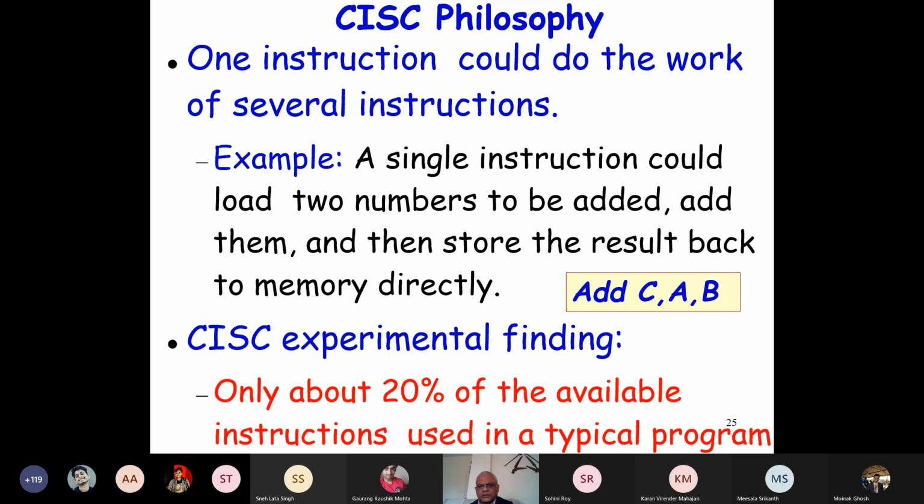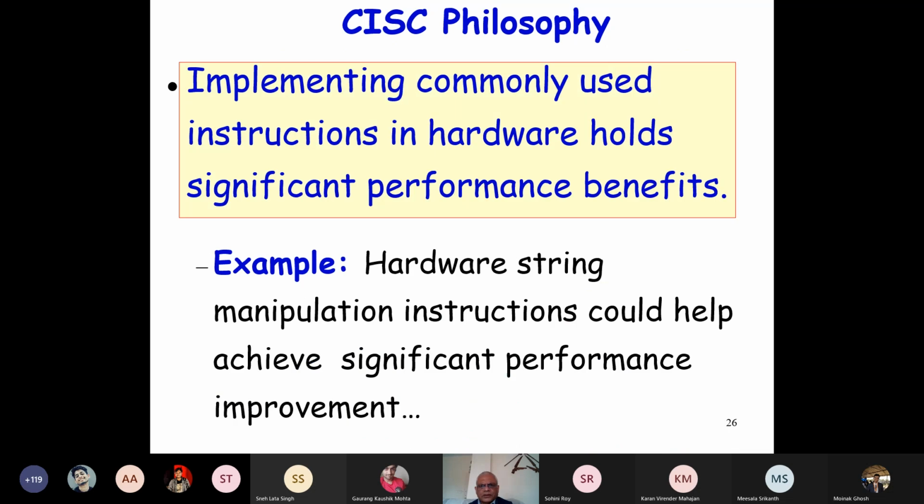The others are not used at all. They are used in some very odd programs. So the main philosophy was that implementing commonly used instructions in hardware holds a performance benefit. Hardware string manipulation will be much faster than writing the code for that and comparing character by character to find the string comparison.